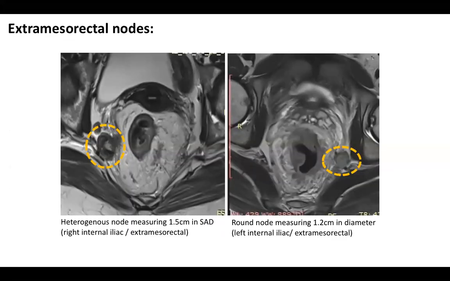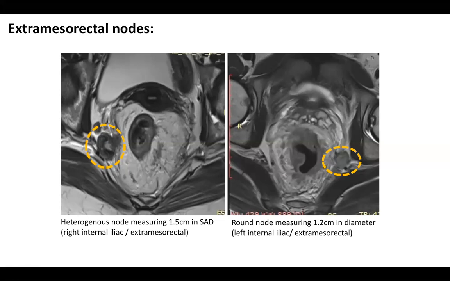Now this was about the mesorectal nodes, but what is important is that we need to separately take care of the extra-mesorectal nodes. That means the nodes lying in the pelvic side wall regions and not within the mesorectum, because the surgeon intends to operate and remove only through the mesorectal excision. If the surgeon is not specifically targeting these nodes, then we are leaving behind gross disease.